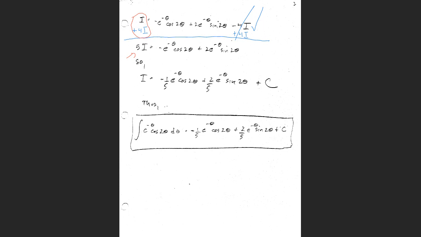And now I'm going to get the I by itself. I was my integral, right? My integral is equal to I. So at this stage, I can just multiply by 1/5 on both sides. And then I bring in my constant of integration, and now I have my answer.